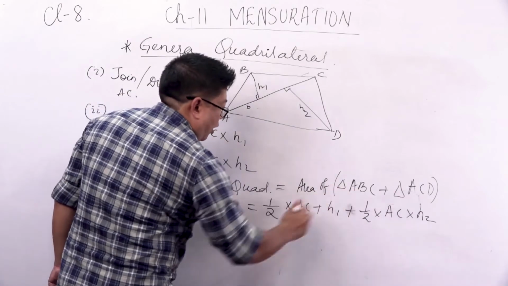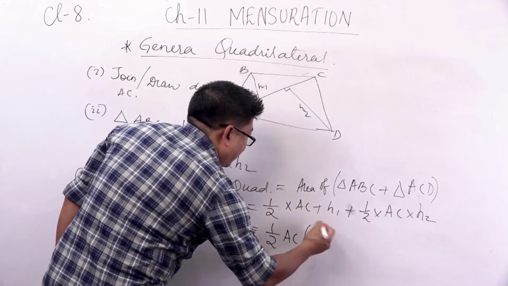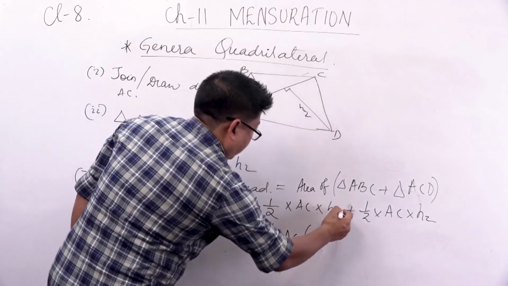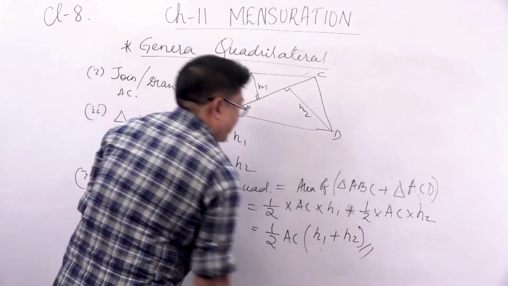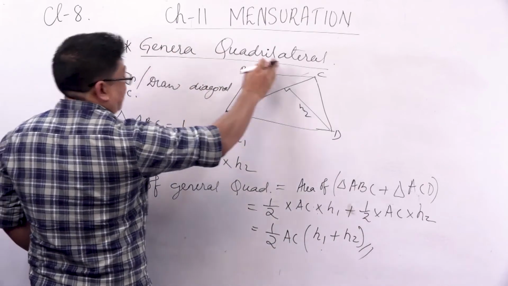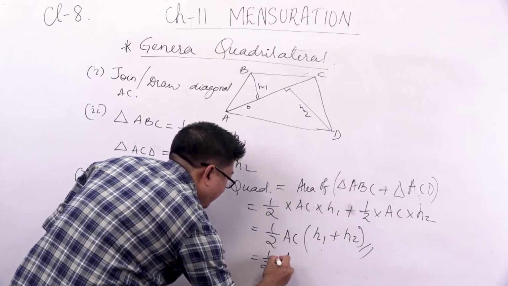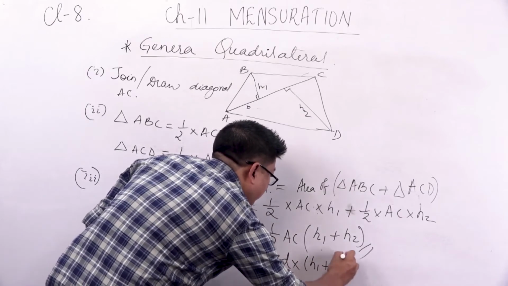Half AC is common, so I take half AC outside and H1 plus H2 will remain inside. So this is your formula for general quadrilateral. This AC I can write as D, so half into D into H1 plus H2.